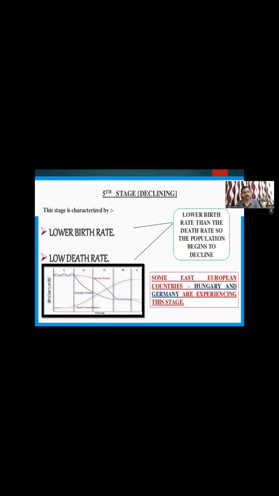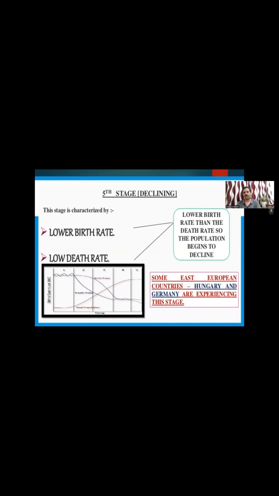The last and final stage of the demographic cycle is the declining phase. What happens here? There is a lower birth rate and a low death rate. Just notice the terms we have used, lower and low.